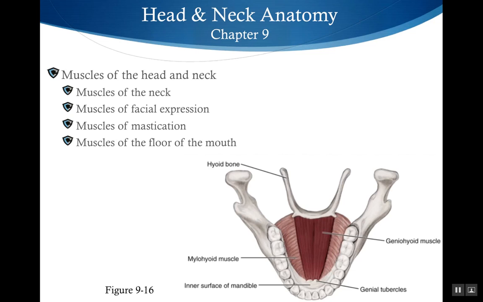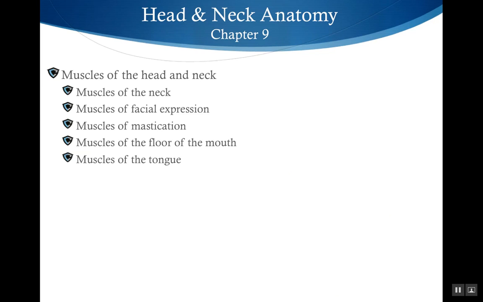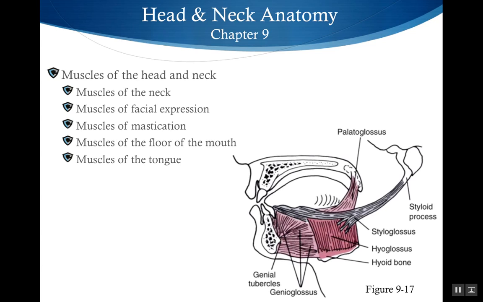The hyoid bone is shaped like a horseshoe, and it's unique because it doesn't actually articulate or connect with any other bone. It's suspended between the mandible and the larynx, and there are several different nerves that innervate these muscles. We're not going to talk specifically about those. The next group, the muscles of the tongue.